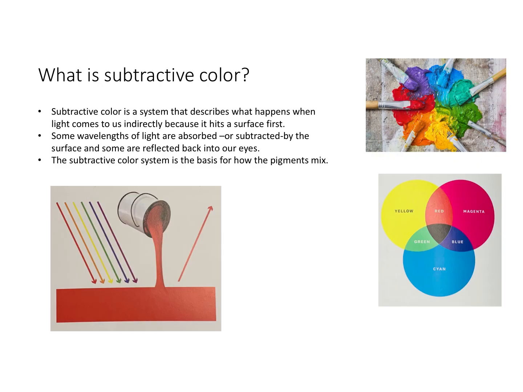Some of the wavelengths of light are absorbed, or subtracted, by the surface, and some are reflected back into our eyes. The subtractive color system is the basis for how pigments are mixed. You can see an example here. We've got all of these light sources coming in, red is reflecting back, and we're mixing them here. We end up with black.